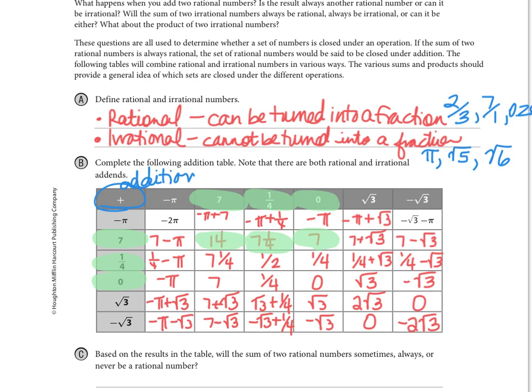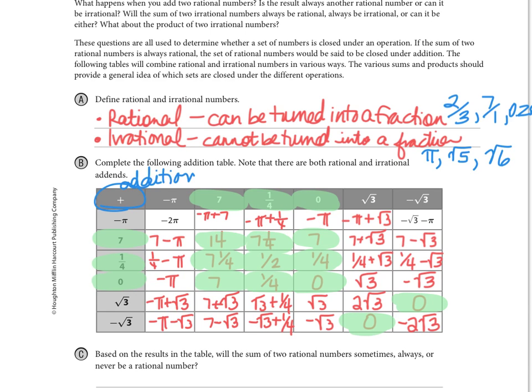So my square root of 3 numbers don't count either. So if I look through, basically I need to avoid anything that has pi or square root of 3. All right, so I'm just going to go through and highlight anything that does not have pi or square root of 3 as being rational. Square root of 3, square root of 3, square root of 3, square root of 3, 0. All right, and then again down here. Okay, so those are all of my rational numbers.